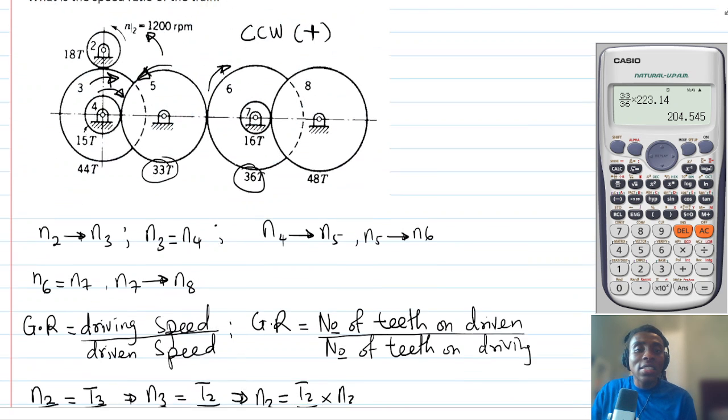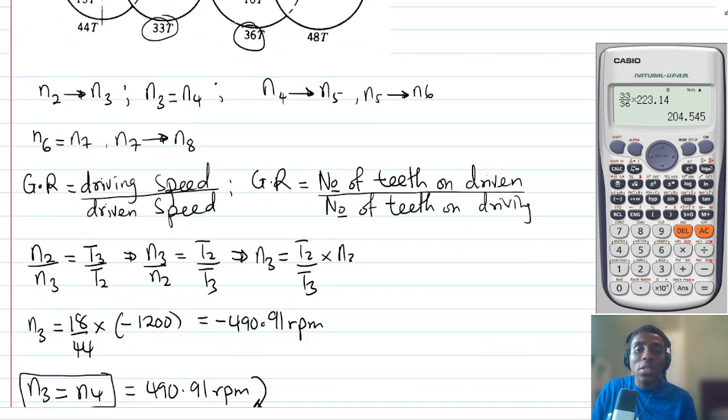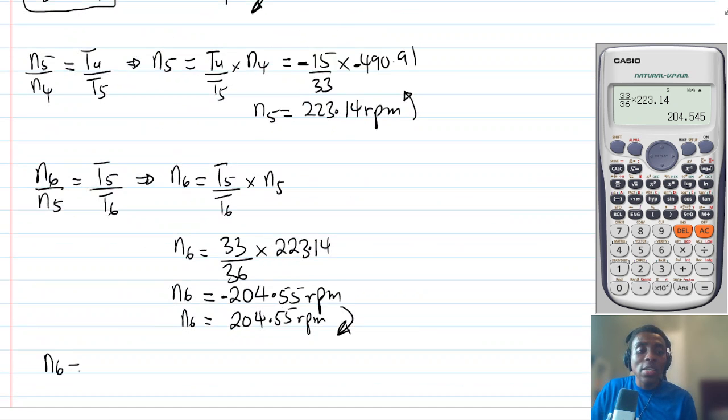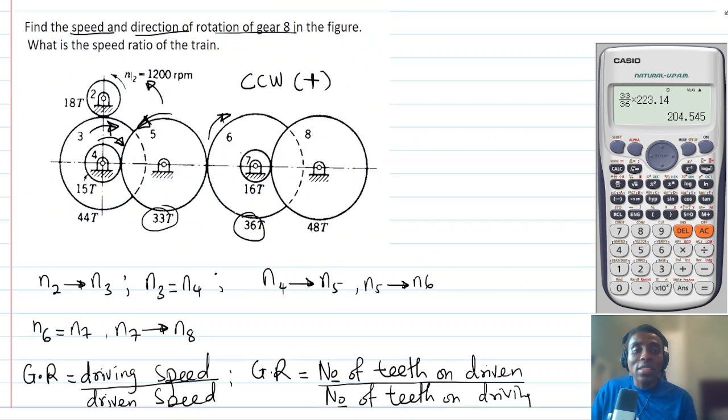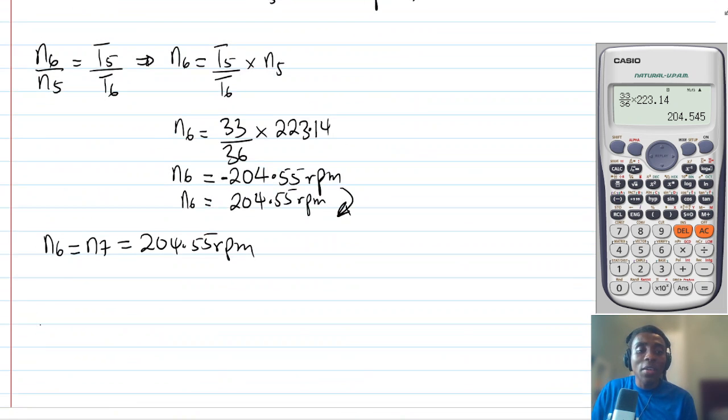You realize that gear 6 and gear 7 are on the same shaft. So it means that 6 and 7 will feel the same speed. In other words, N6 is equal to N7 is equal to 204.55 RPM. Now we are done with 7. In fact, we are at exactly where we are supposed to be, which is the 8, and that's essentially what we were asked to find. So N8 over N7 is nothing but T7 over T8.